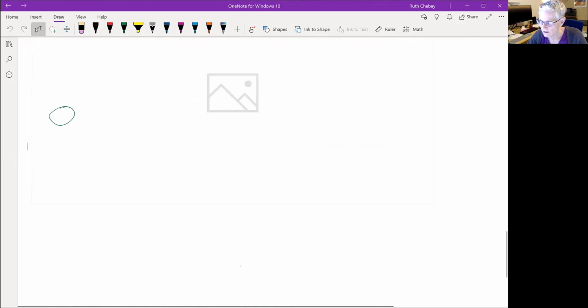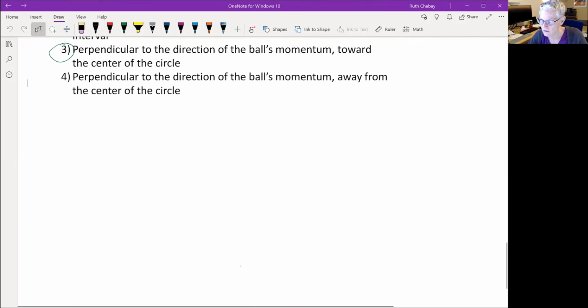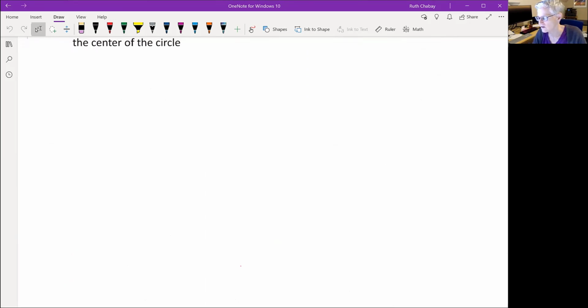So it looks like in order to get something to go in a circle, to get something to curve, in curving motion, you need a force perpendicular to the momentum to get something to turn.